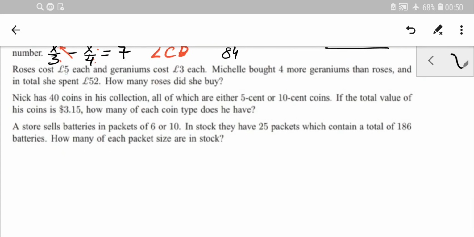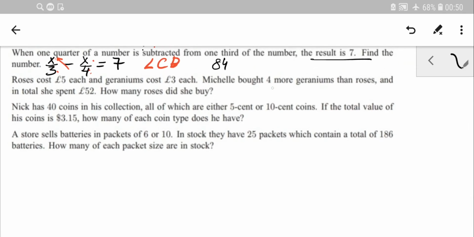So roses cost 5 each and geraniums cost 3. Michelle bought 4 more geraniums than roses, and total spent 52. How many roses did she buy?